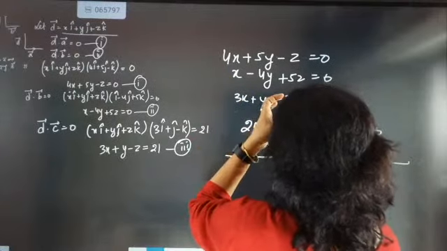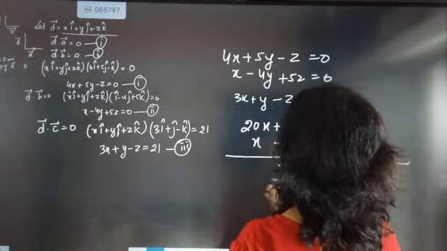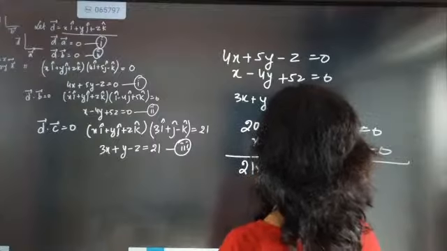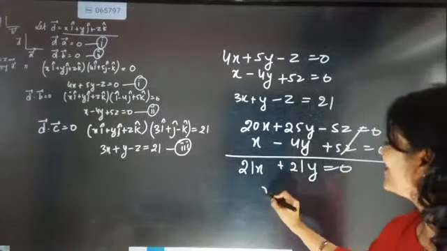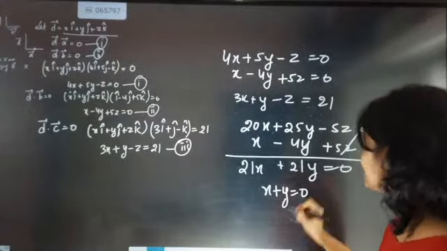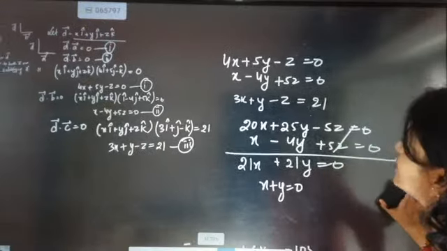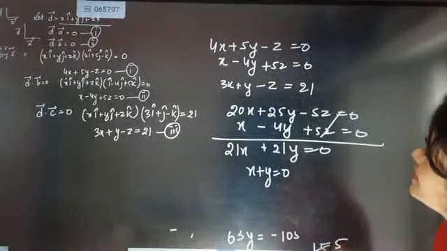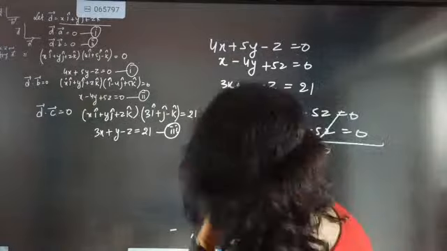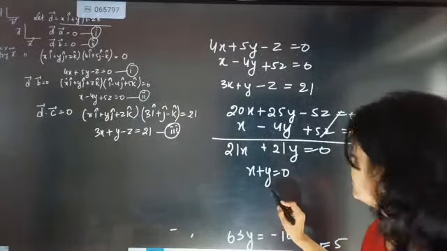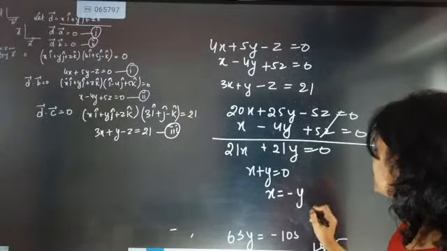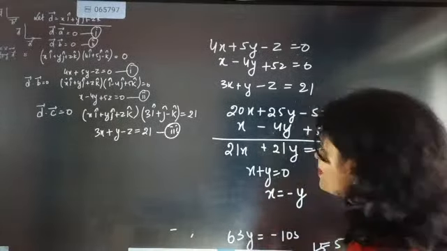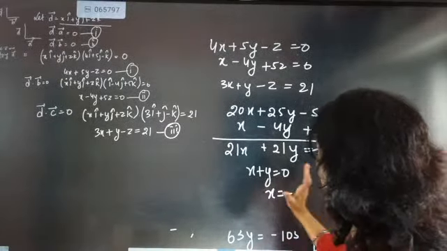So it is going to come as 21y and 21x equal to 0. x plus y equal to 0. I got x plus y equal to 0. Come on, it went very nicely. So that means x will be equal to minus y.